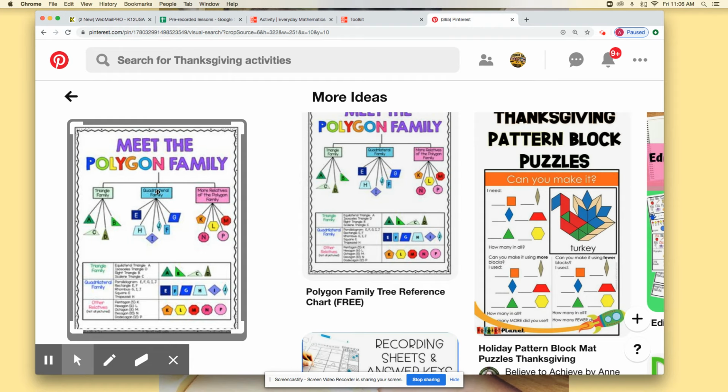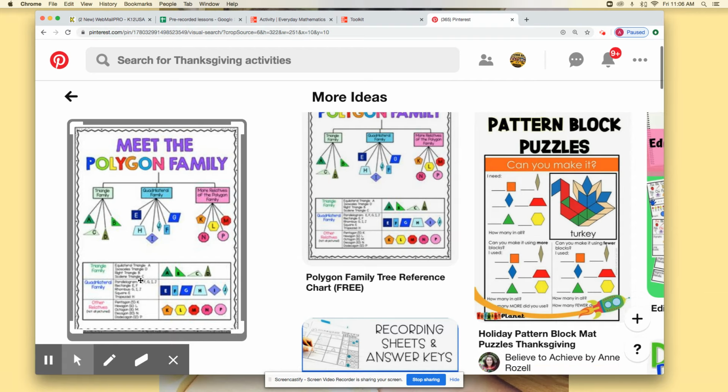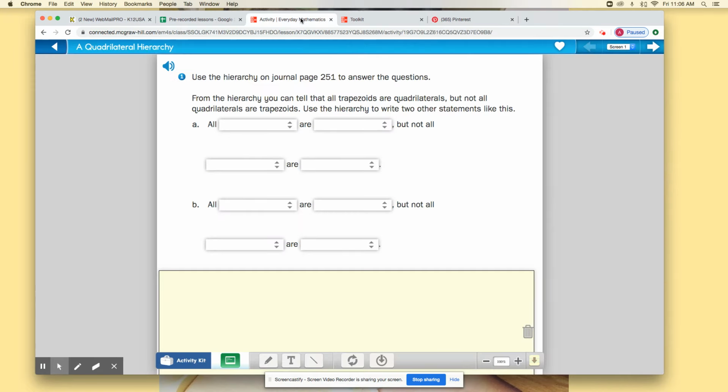As you see, a quadrilateral is a category and can be broken down to a square, trapezoid, diamond, kite, rectangle. If we go back, you can see that letter A says all blank are blank, but not all blank are blank. So from the example, all trapezoids are quadrilaterals because they have 4 sides, but not all quadrilaterals are trapezoids.